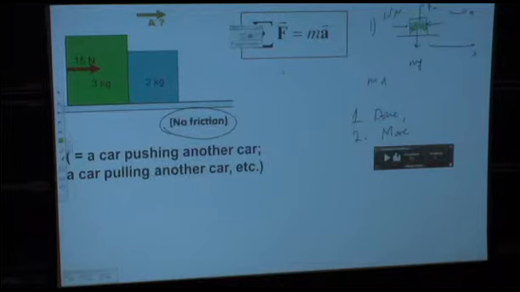M green times a green has to be equal to the applied force, which points to the right, so it should have a positive component, 15 newtons. The force acting on the green from the blue points to the left, so it should have a negative component. So this is how we can write it, plus some negative number.